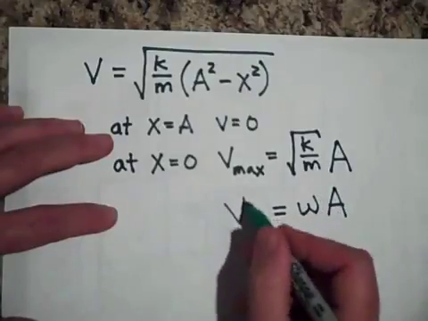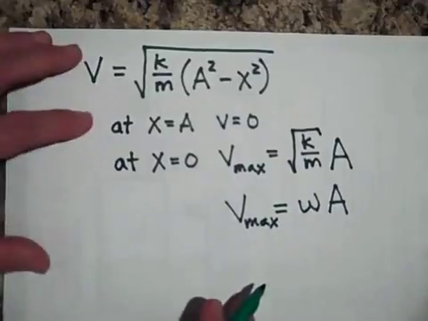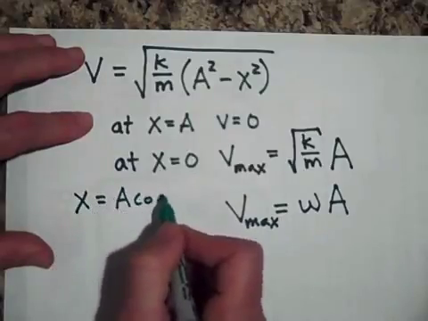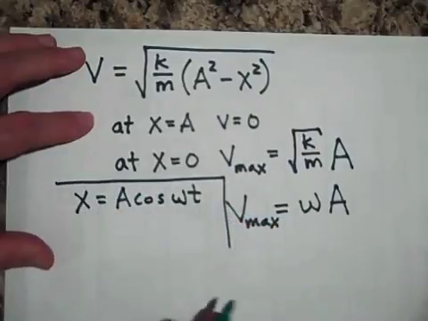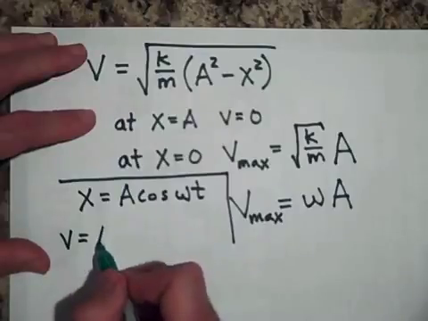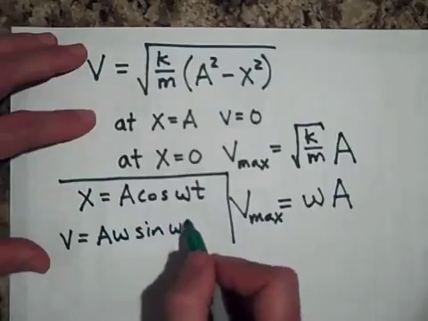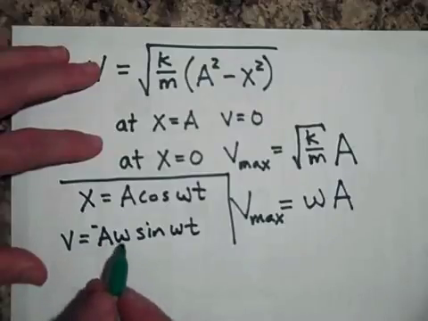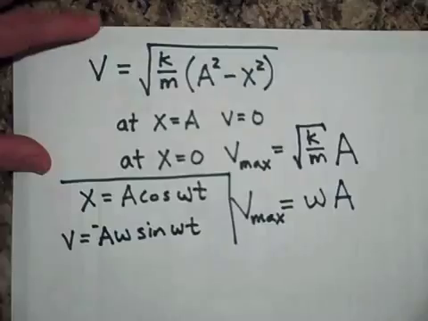And we already knew that v max is omega A. The reason we knew that is because if x equals A cosine omega t, remember doing this? Then the derivative of this is A omega sine omega t, and I put a negative sign there. So we already knew that was v max.